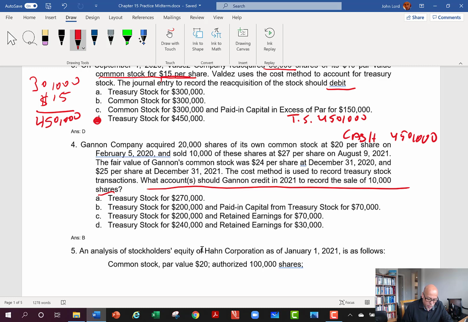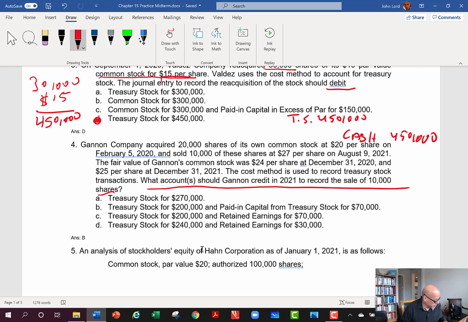The fair value of Gannon's common stock was $24 per share December 31st, 2020, and $25 per share at December 31st, 2021. The cost method is used to record treasury stock. What amount should Gannon credit to record the sale of the 10,000 shares?